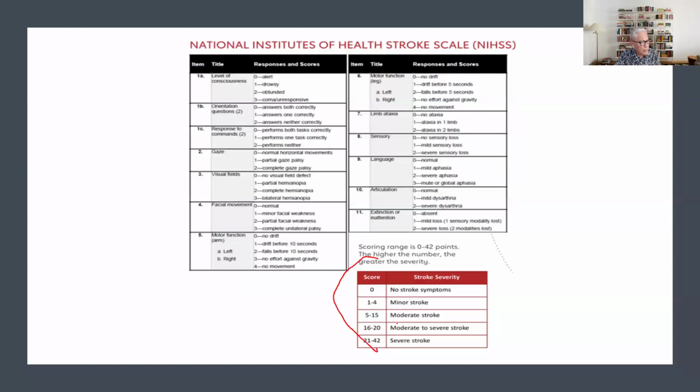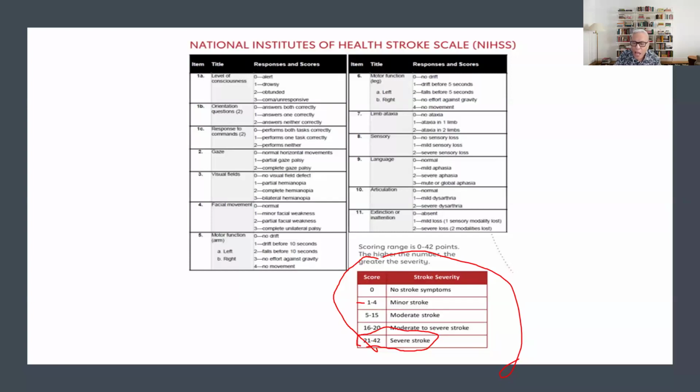If it is 0, that means there are no stroke symptoms. But from 21 to 42, that would indicate a severe stroke. As illustrated over here, 1 would suggest a minor stroke, and 21 to 42 indicates a severe stroke.